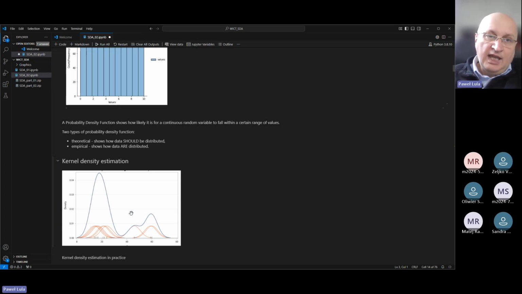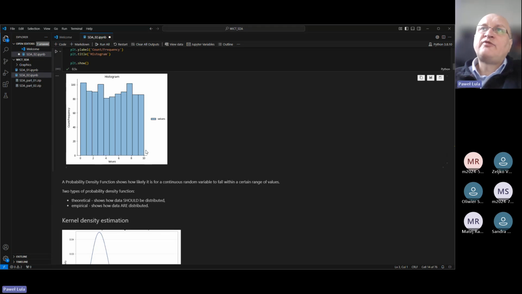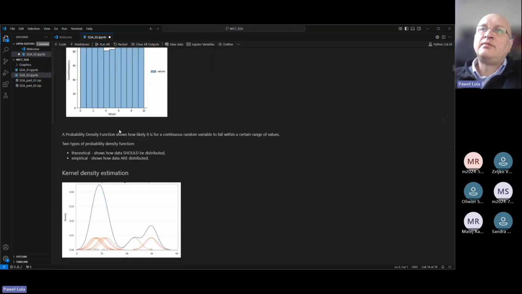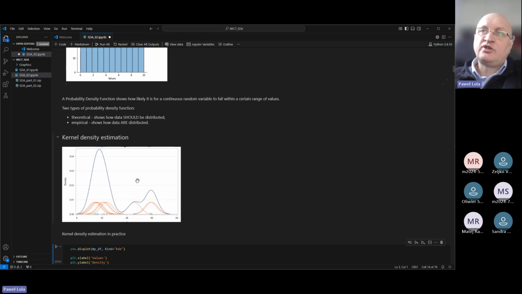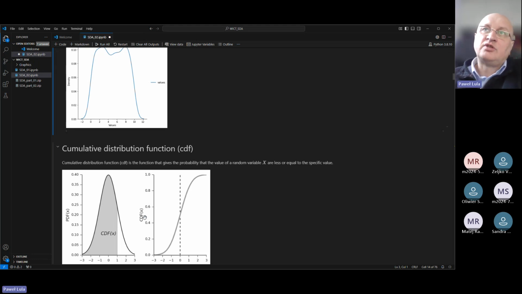But having these three forms of description of random variables in graphical presentation, we can say a lot about values of this random variable. So these three forms of presentation are here: histogram, probability density function, and cumulative distribution function, which is a transformation of probability density function.